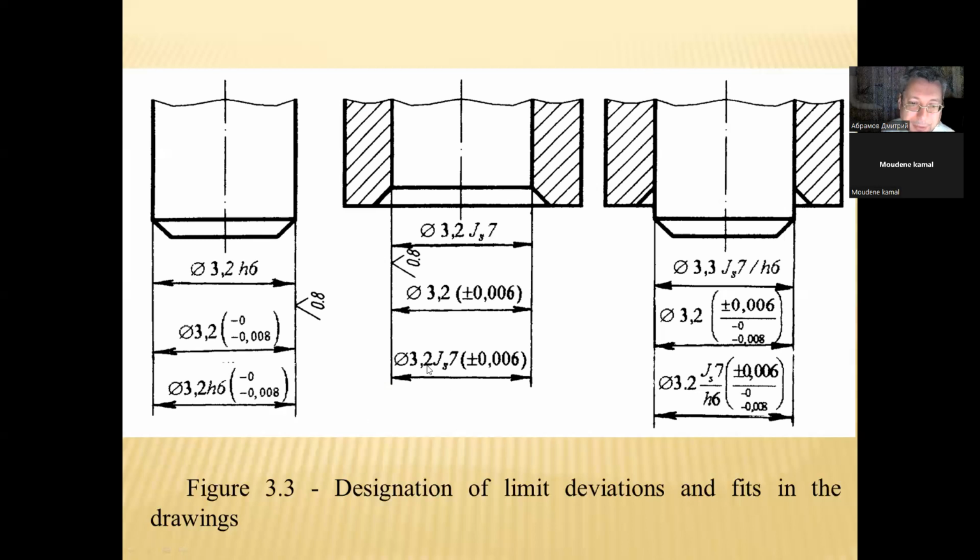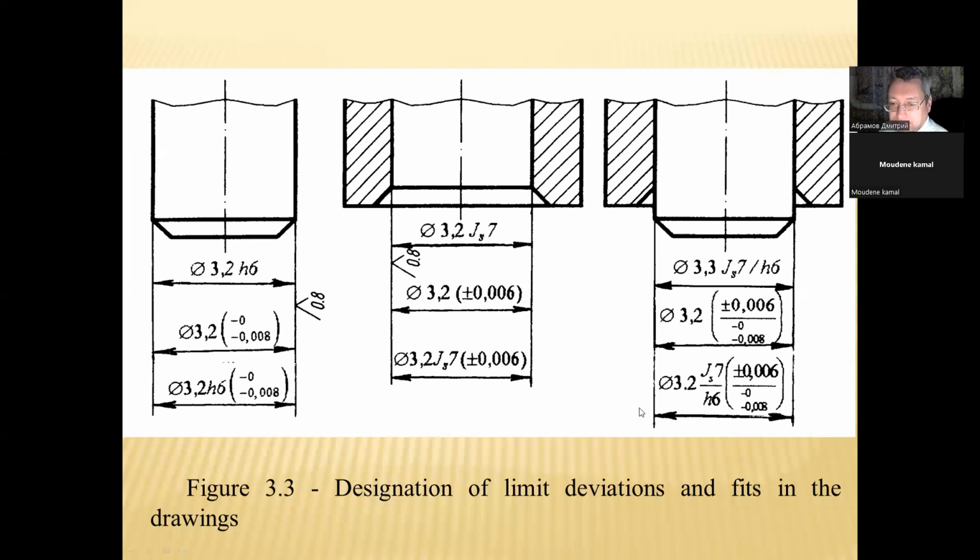For the hole, nominal diameter 3.2 millimeters, fundamental deviation J suffix S, IT grade 7, upper limit deviation plus 0.006, lower limit deviation minus 0.006.